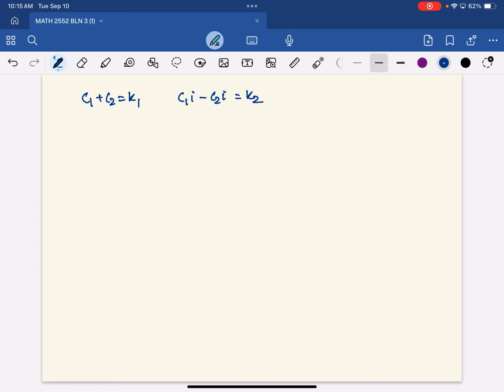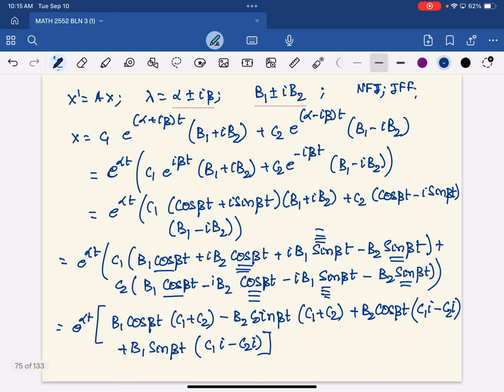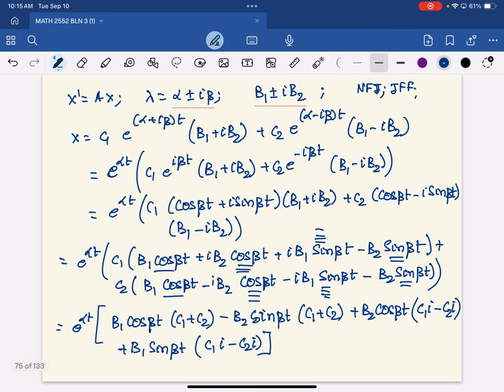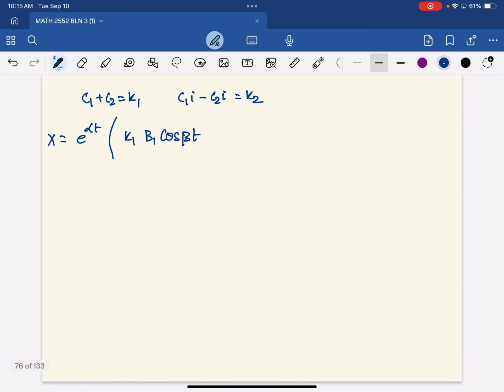So this gives me, okay, now I'm going to go back and forth, forgive me for that. My solution x is going to be e to the alpha t, K1 B1 cosine beta t, minus K1 B2 sine beta t.